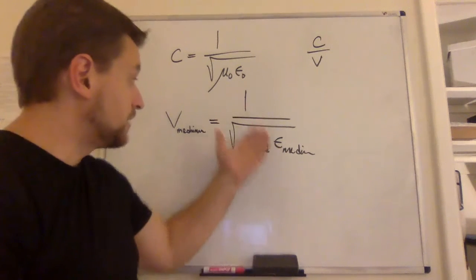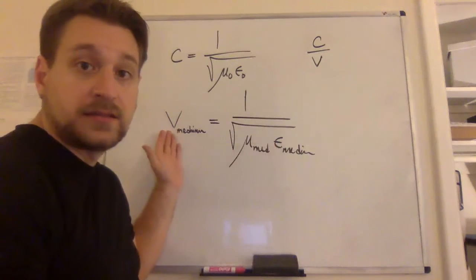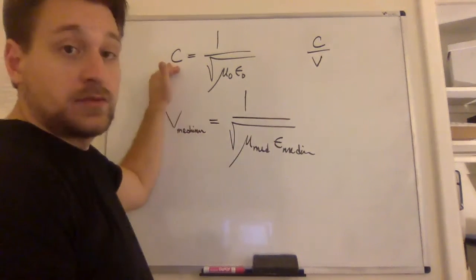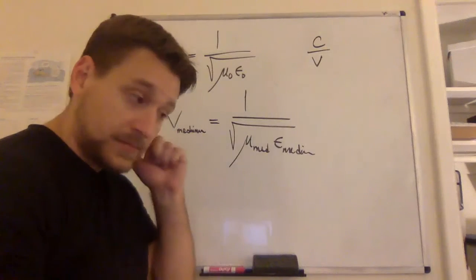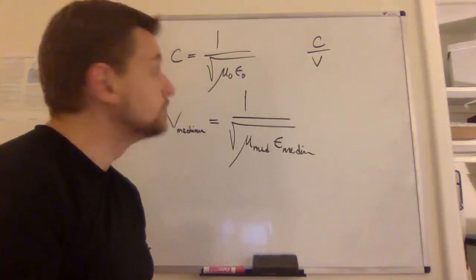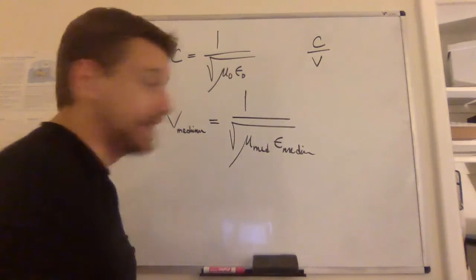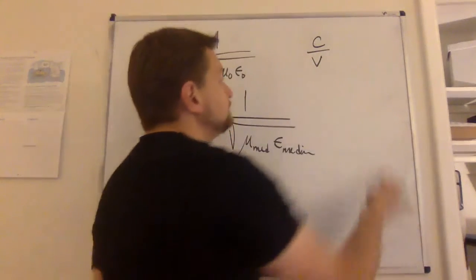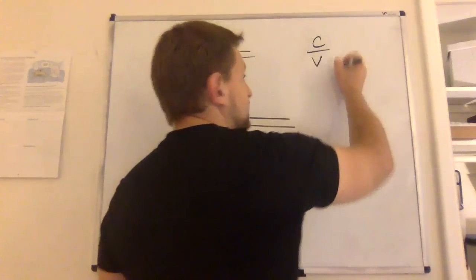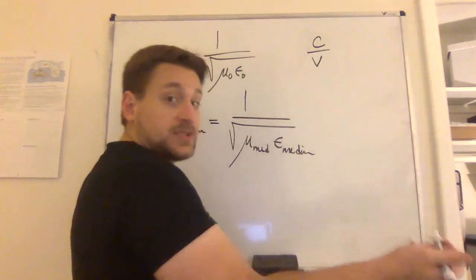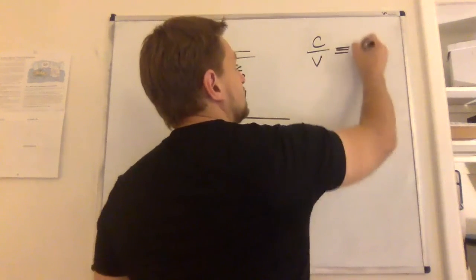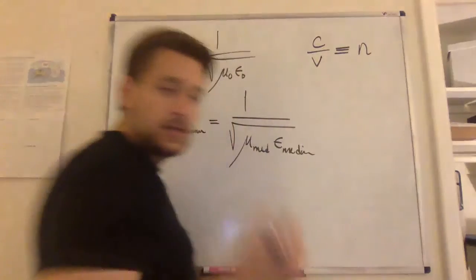So dividing by a bigger number, I expect the velocity in the medium to be smaller generally than the velocity in a vacuum. And in fact, this is always a number greater than 1, unless we're talking about a vacuum, in which case it is 1. But we define this to be n.